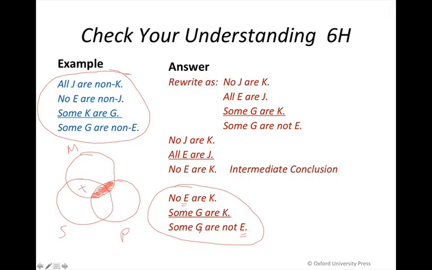If it helps, we've got S, P, and M. No E are K, no P are M. Some G are K, that is some S are M. And then the conclusion appears because the conclusion says there is at least one G that's not an E, which is to say there's at least one S that's not a P. This argument is valid on both interpretations.